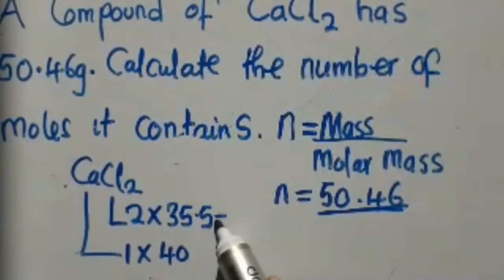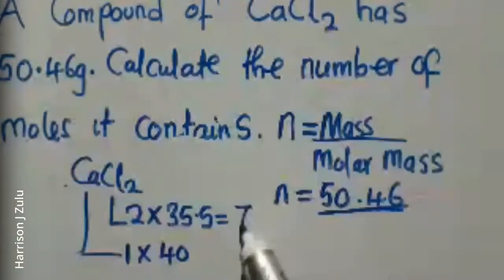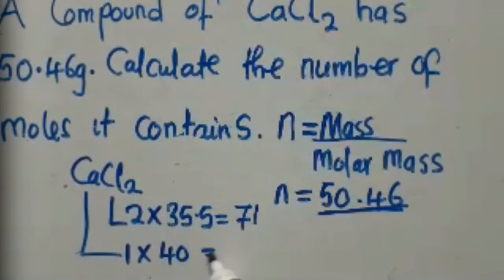So here, you multiply. 2 times 35.5, what answer are we getting? We are getting 71. Then here we are getting 40. So if you add these two, the answer that you are going to get will be 111.